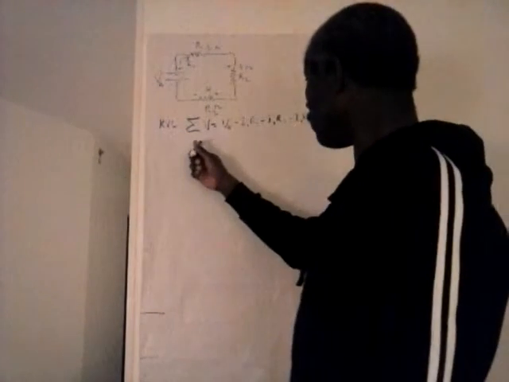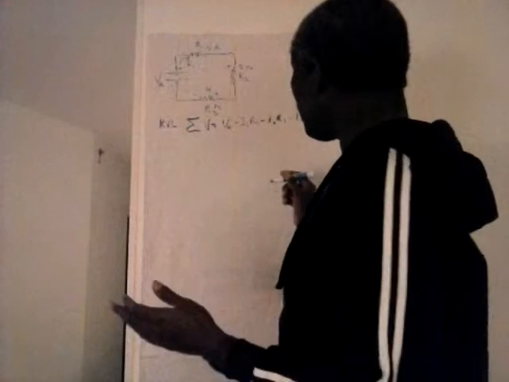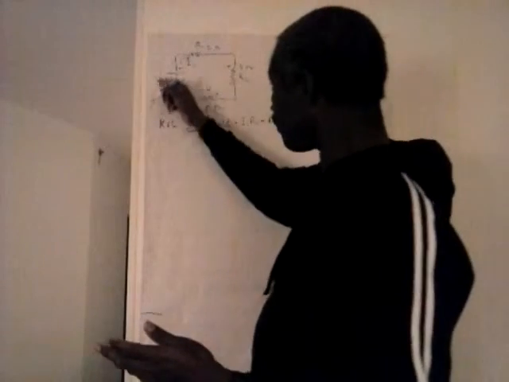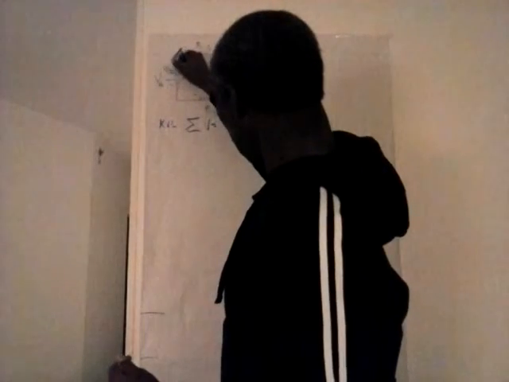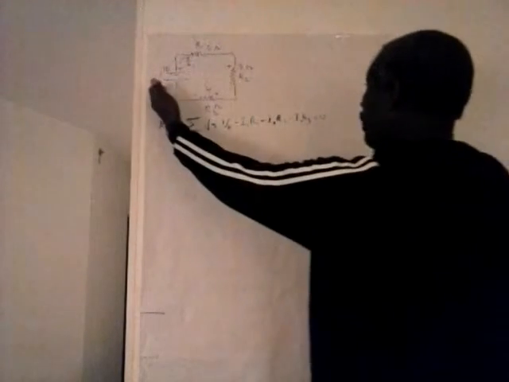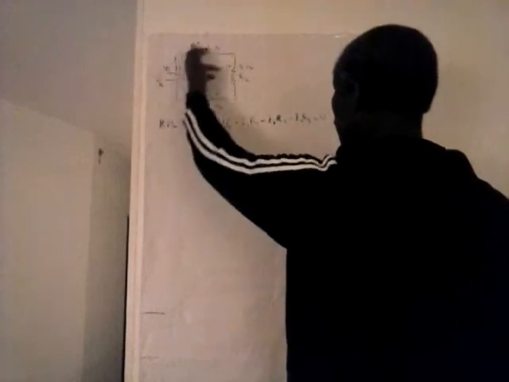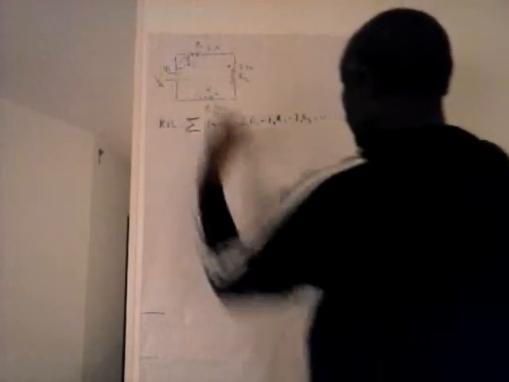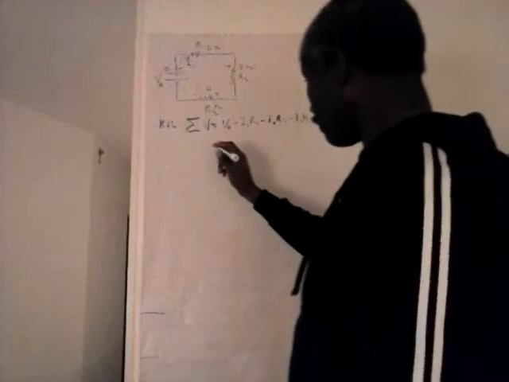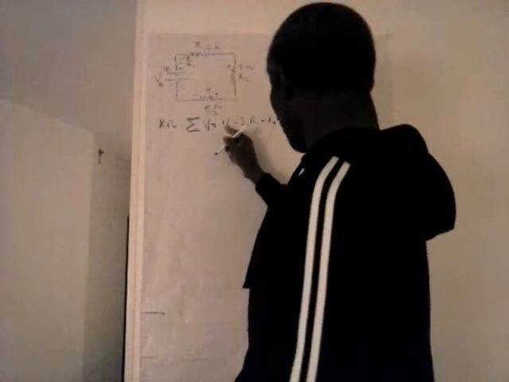And suppose we assign a voltage of say 10 volts to this VA, so that we have known quantities here. What is unknown here would be the current.